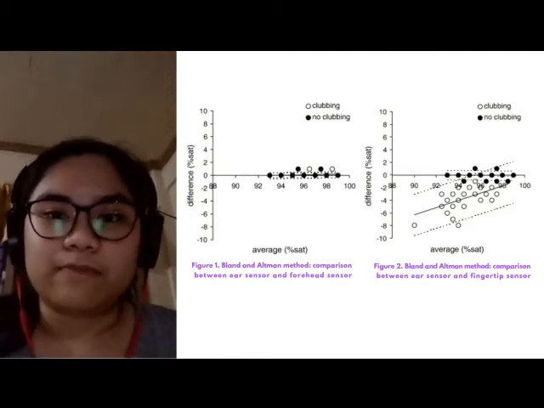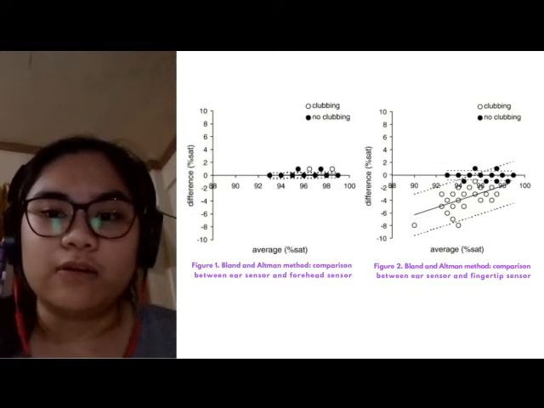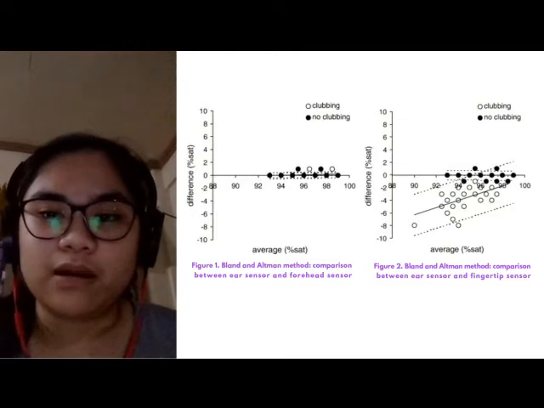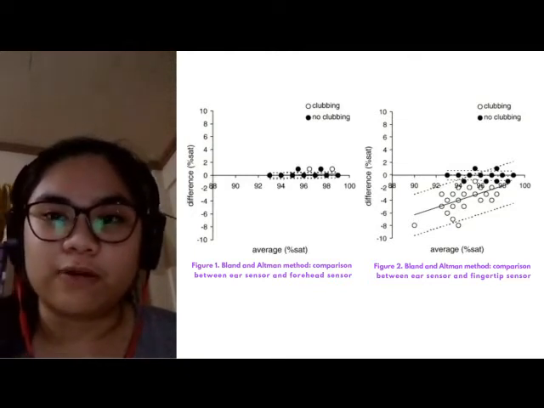The one-sample Kolmogorov-Smirnov test showed that the SpO2 measurements of the forehead, ear, and right index in Group 1 without clubbing, as well as in Group 2 with clubbing, are normally distributed. Results are shown in Table 1.